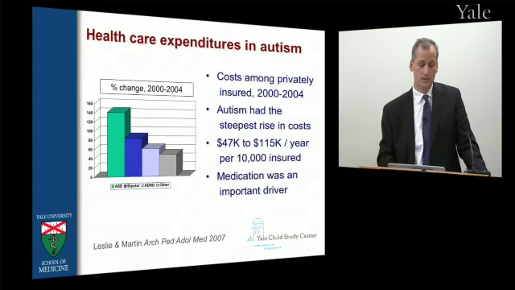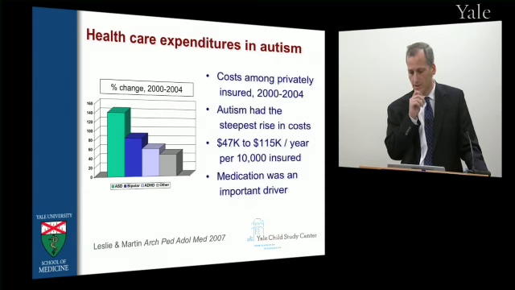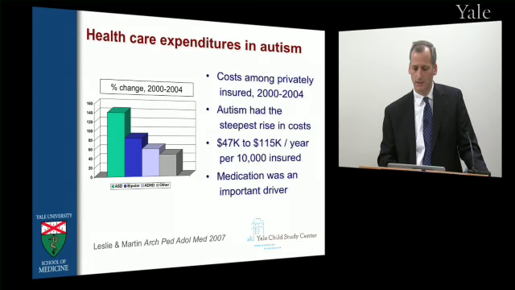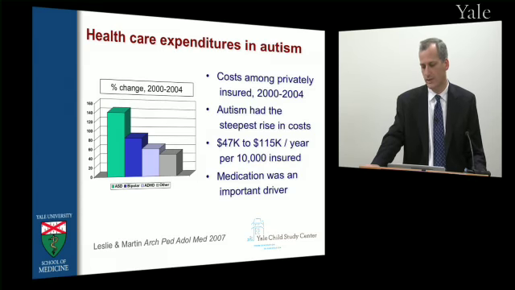But we see that the condition that got the most dramatic increase in cost was autism. So in a very short period of time, costs associated with autism were much higher than for comparable conditions. The steepest rise in cost was associated with autism. In this large insured population, the average, which is not necessarily applicable to the individual child, went from 40,000 per 10,000 individuals insured to 115,000.